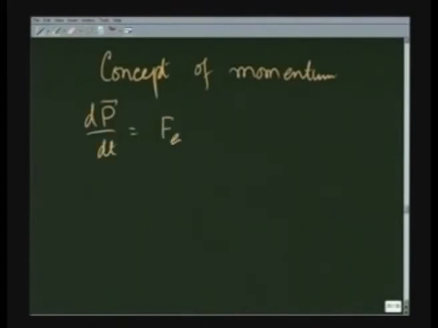So, what we have seen so far is that we have introduced the concept of momentum. We have seen that the momentum satisfies the equation dp/dt equal to F external only, irrespective of the nature of force between the particles in a many particle system.